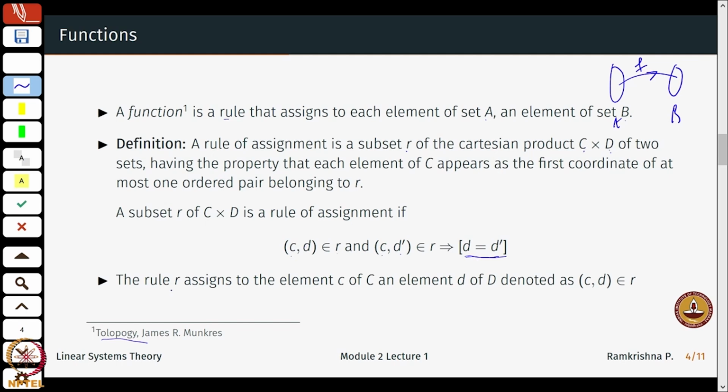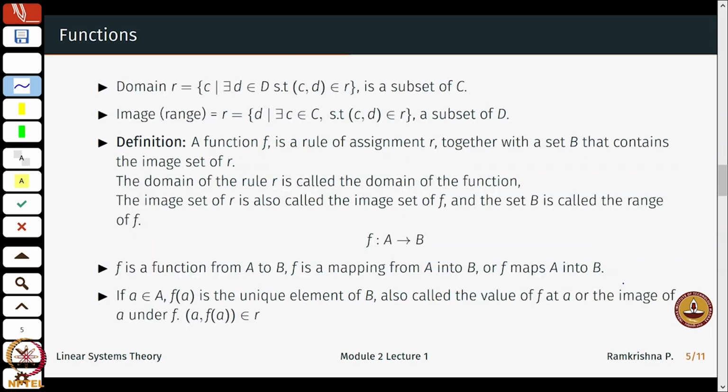So in general, the rule is such that it assigns to every element c of this set capital C an element d, denoted as (c, d) is in this rule R. Okay, so we will do it a little more formally now, right.